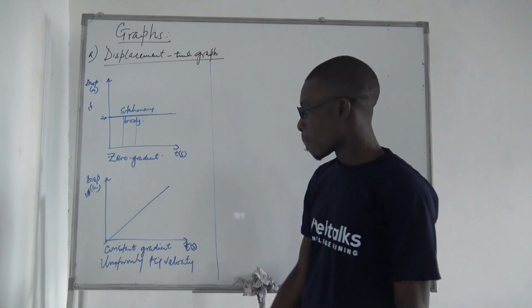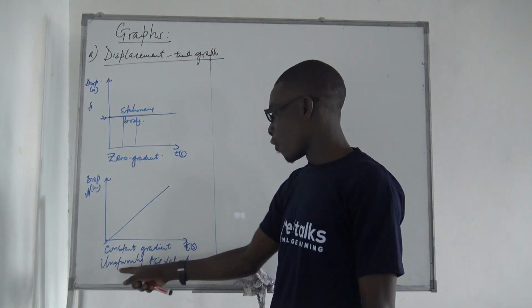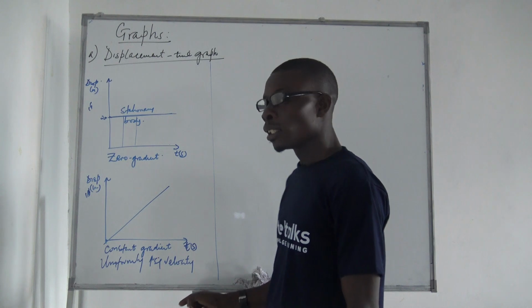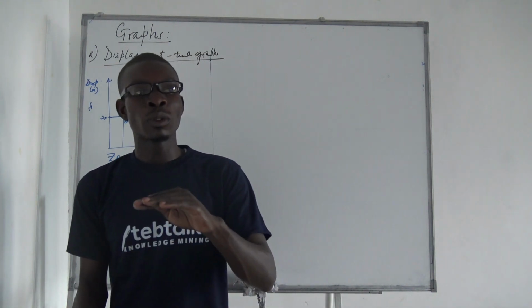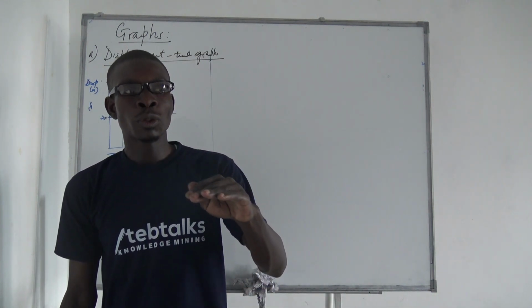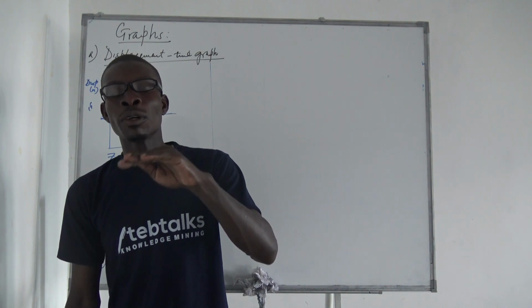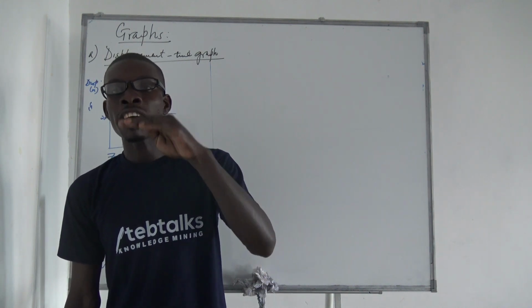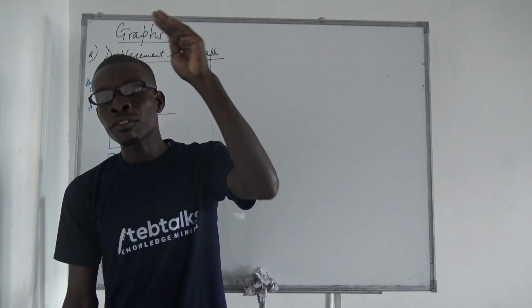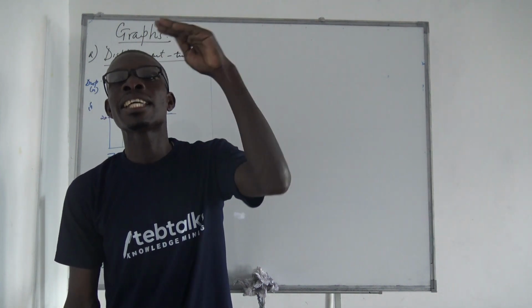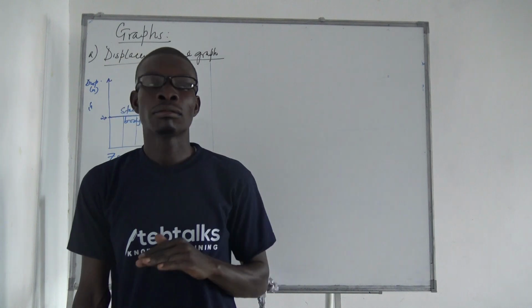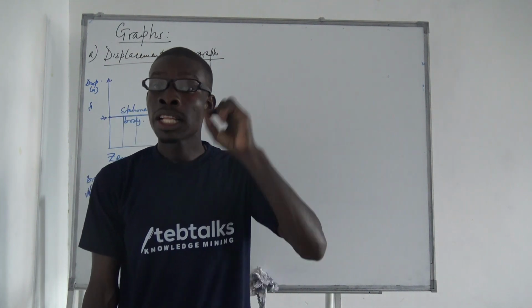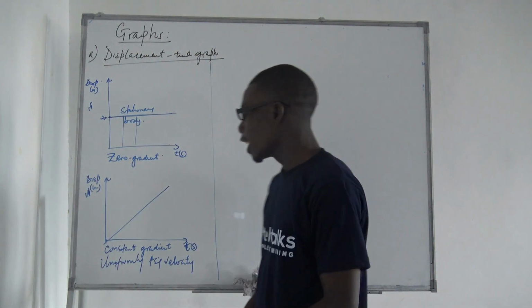Is that okay? The velocity is increasing uniformly. Increasing uniformly means that maybe after every 5 seconds, it is adding the same value of velocity. So I will say the velocity is increasing uniformly.